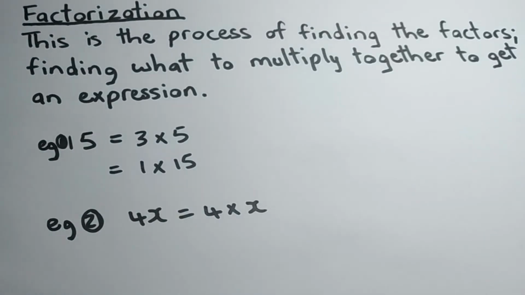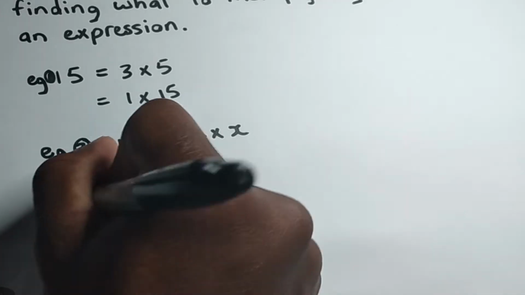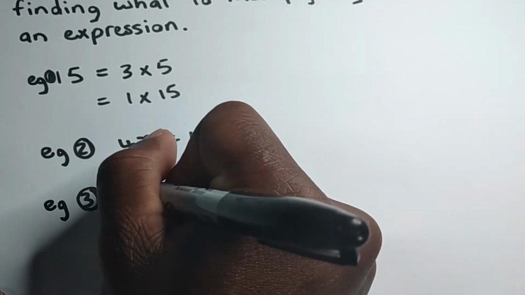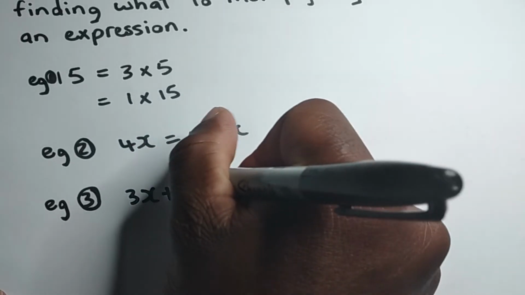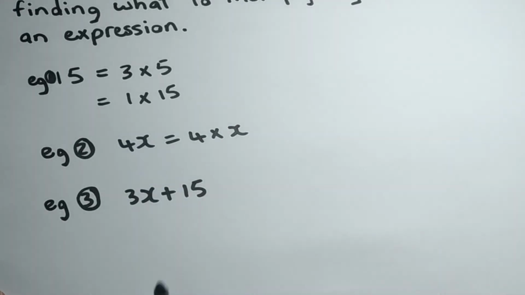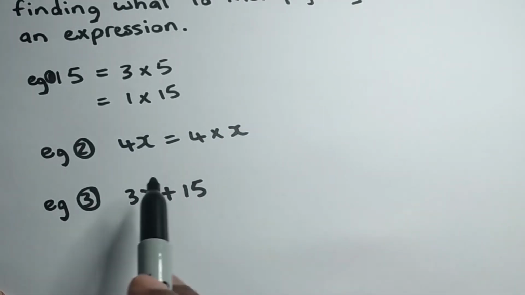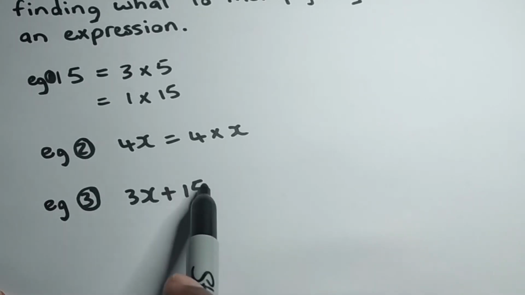Now what if we had, let's say, example 3. What if we had 3x plus 15? What if we had something like this? Now we can actually obtain the factors of this expression right here by first finding the factors of each term.